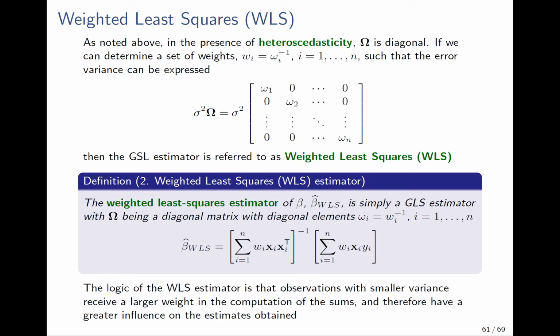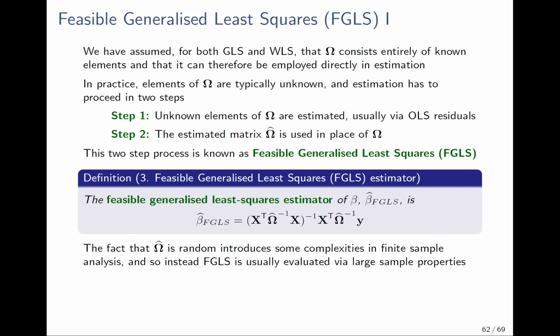Observations we measure precisely count for more, in other words, noisy observations count for less. In effect, the weighting cancels out the heteroscedasticity that we observe in this diagonal part of the omega matrix. Okay, so weighted least squares is just a particular form of the GLS estimator.